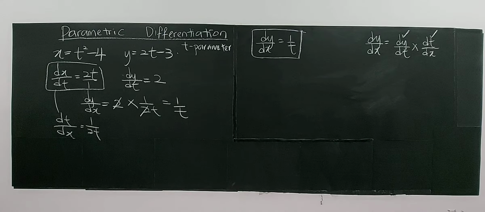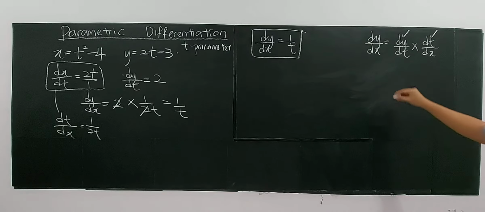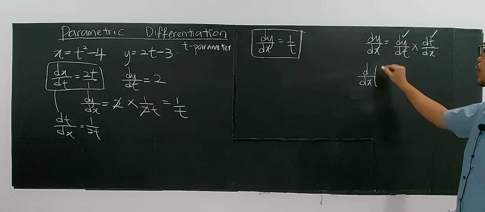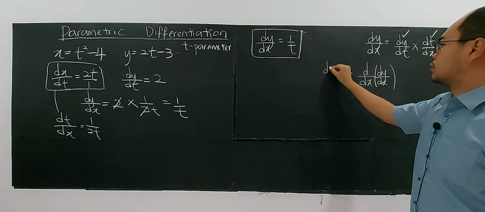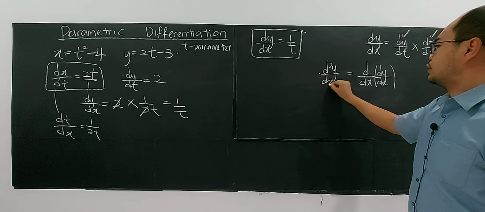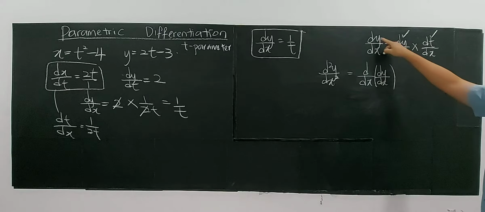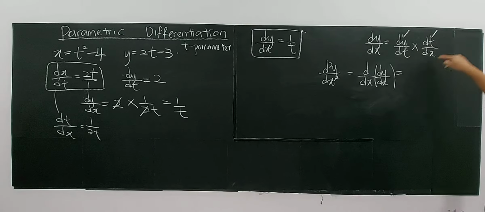In the same video also, I'm going to teach you how to find the second order differentiation by using parametric differentiation. It means we apply the chain rule again, to d/dx of dy/dx. So we find the second order differentiation, d2y/dx2, which is d/dx of dy/dx. I'm going to apply the chain rule again for this whole thing.